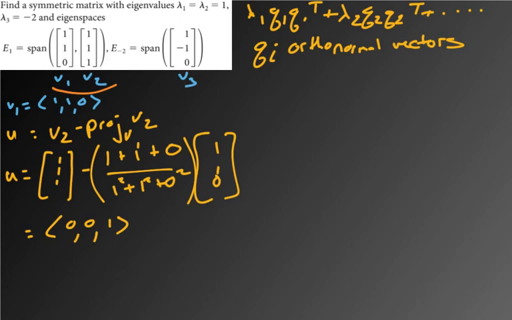And so now the set, E1, is still equal to the span of V1 and U, okay? But the nice thing is that 0, 0, 1 is perpendicular to 1, 1, 0. You can see that when you dot those.